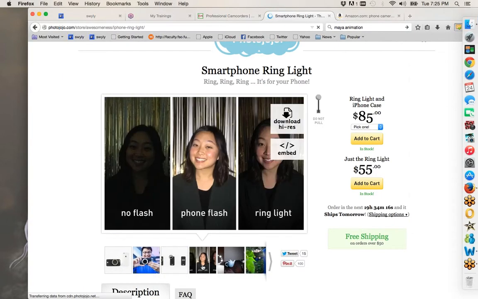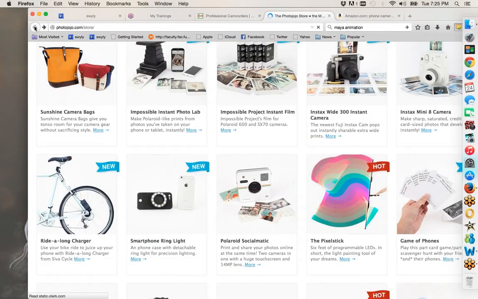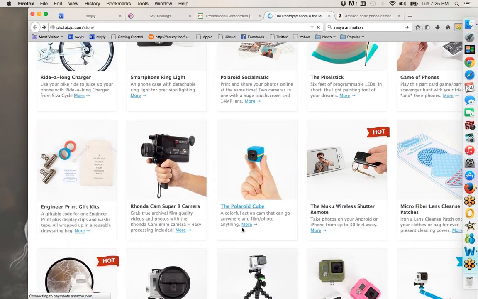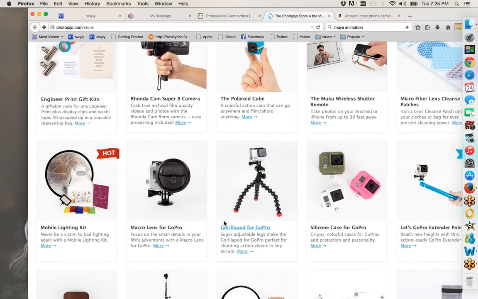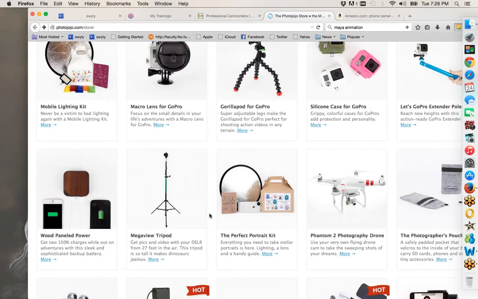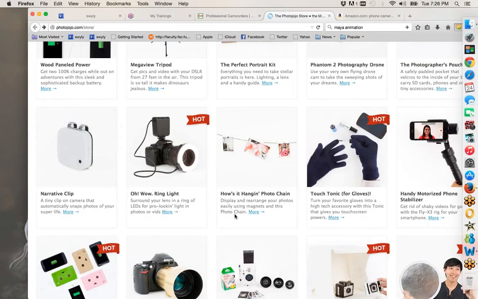Actually, I think I have a sample here with the flash. You often get that sort of really bright, bouncy looking light, and again, certainly not anything like what you would have to expend for a professional video camera.